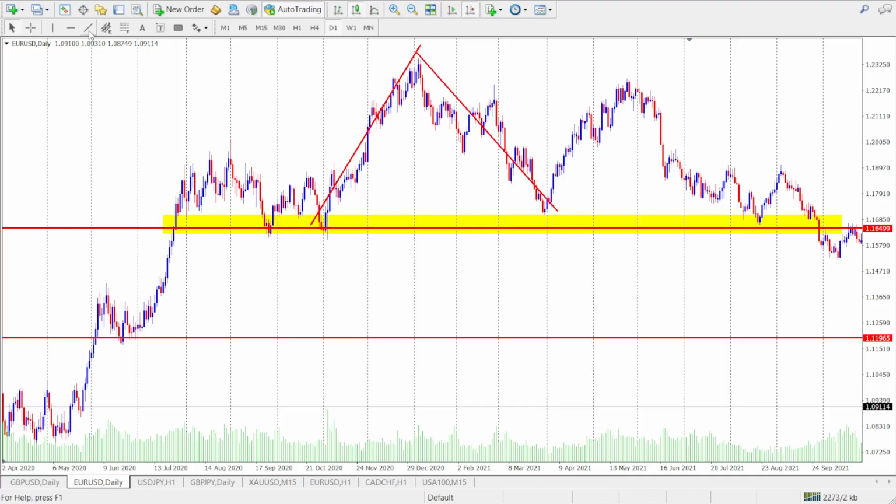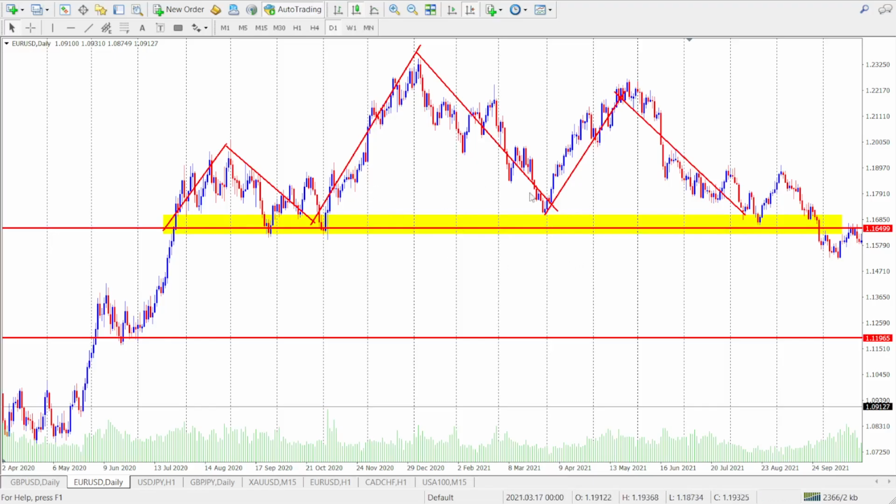Then you have two highs on both sides that are not as high as the head. So this is the first shoulder, and this is the second shoulder, and this is what we call the neckline.